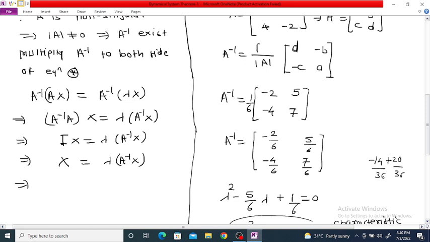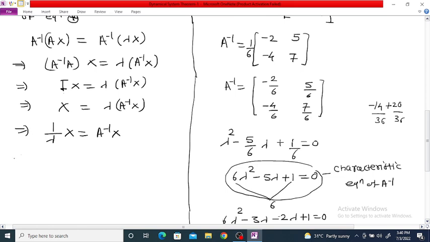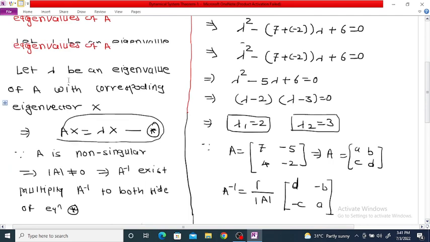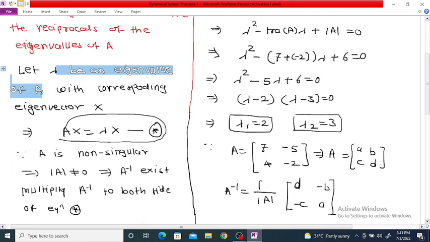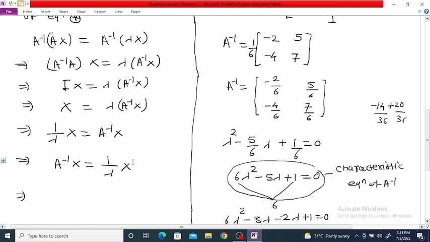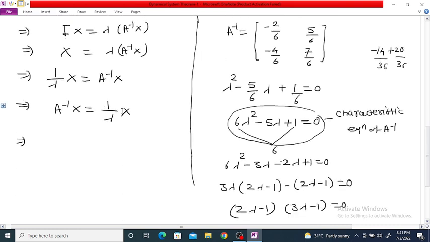Now if we divide by lambda, we get 1 by lambda x is equal to A inverse x. In other words, this equation can be written as A inverse x is equal to 1 upon lambda x. What is lambda here? Lambda is an eigenvalue of matrix A. Then we get A inverse x is equal to 1 upon lambda x.